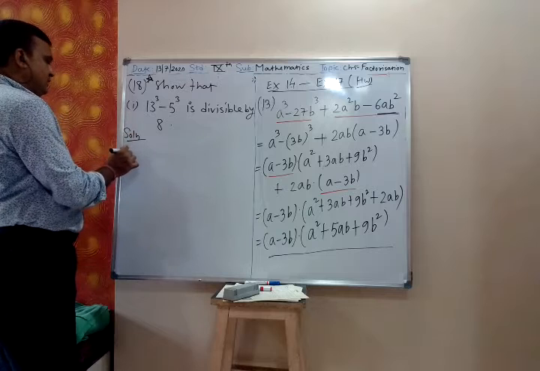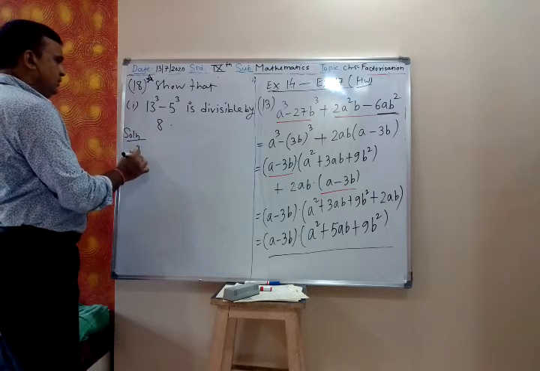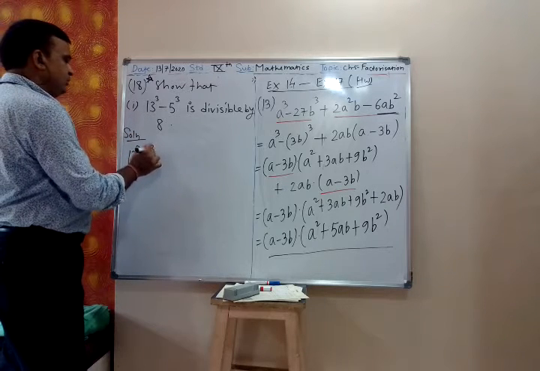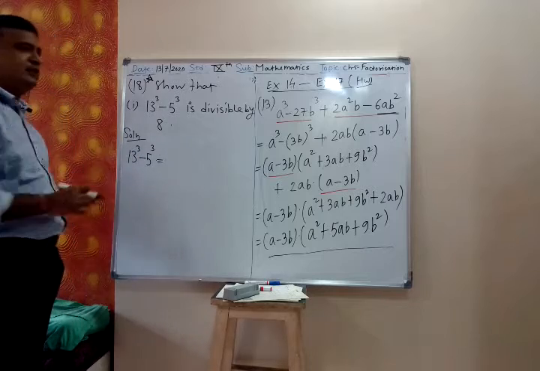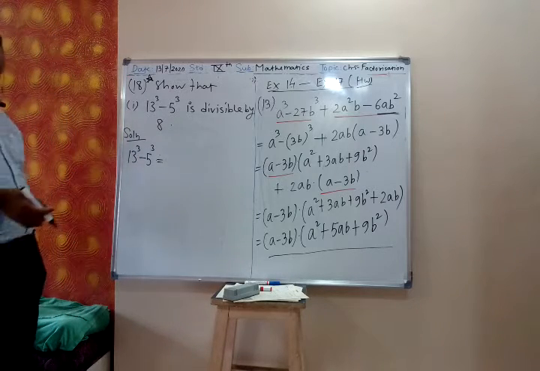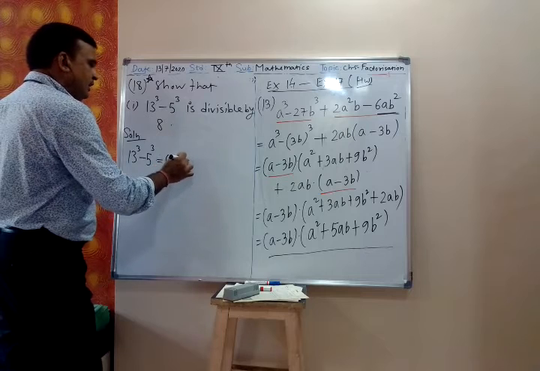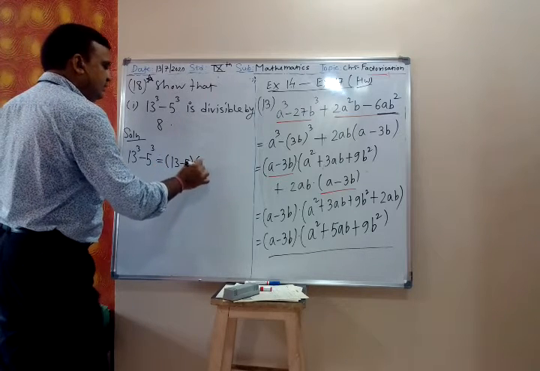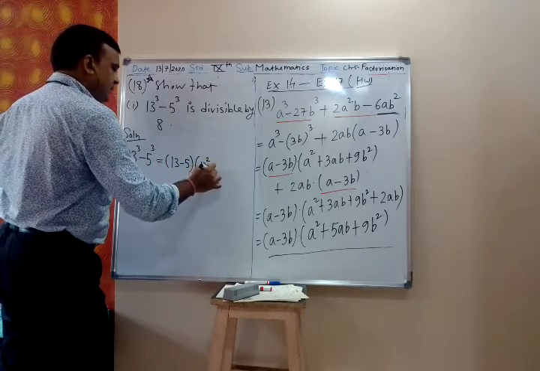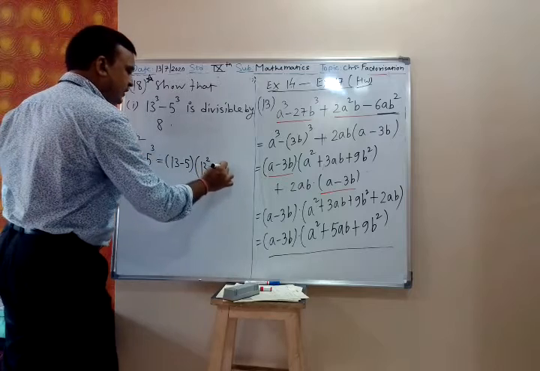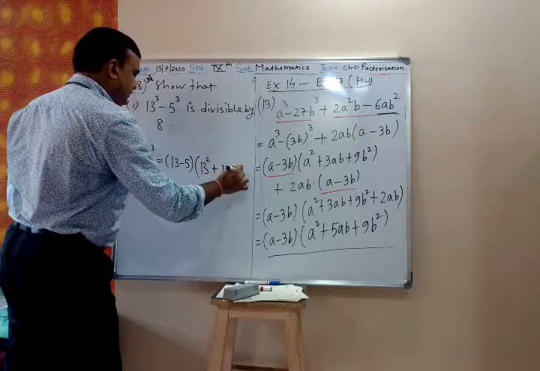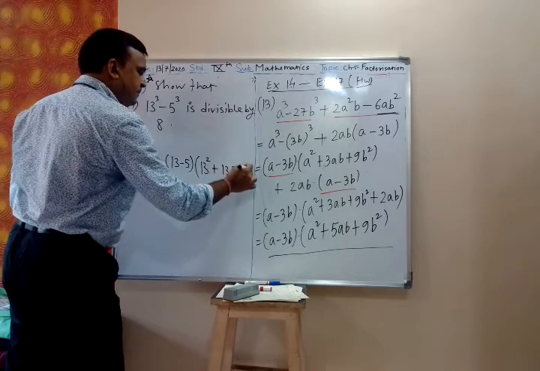Now let us solve this. 13 cube minus 5 cube. Use the formula a cube minus b cube. What is a cube minus b cube? That is a minus b into a square plus ab plus b square. So 13 minus 5, into 13 square, plus 13 into 5, plus 5 square.